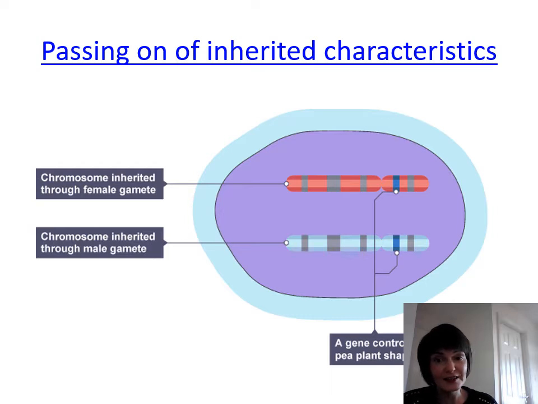You can see there that we've got a red chromosome and a blue chromosome. The red chromosome is from the female gamete, and the blue chromosome is from the male gamete. That's what I mean by that for each characteristic we're looking at two pieces of information: one piece of information from your mum and one piece of information from your dad.